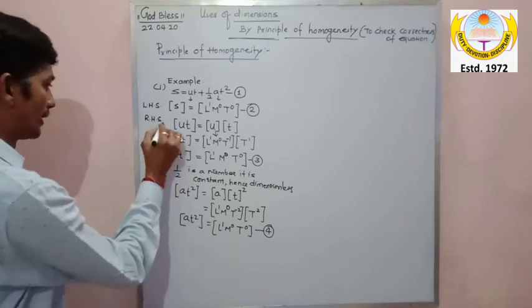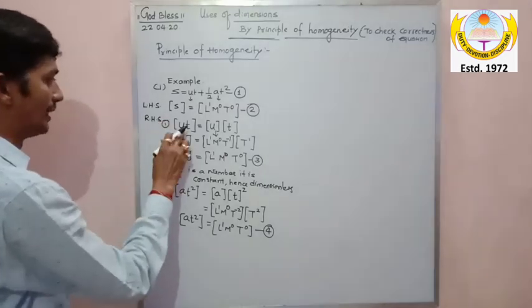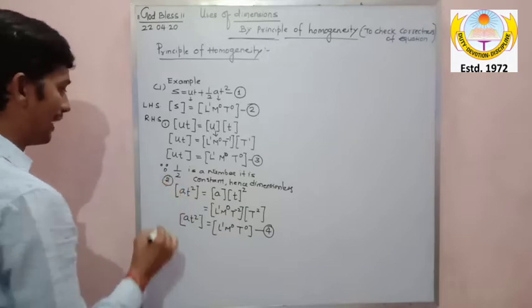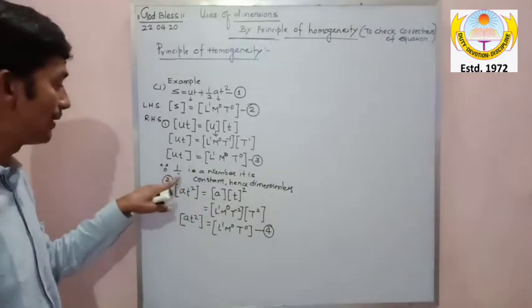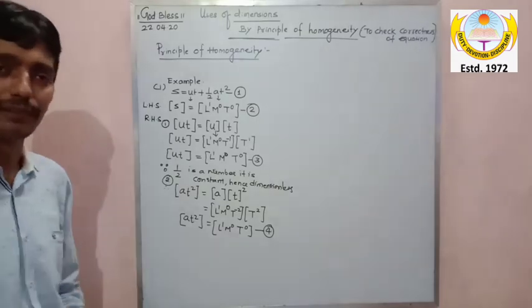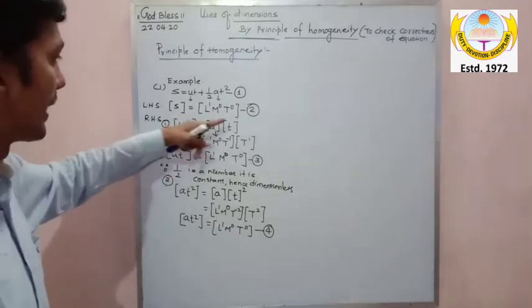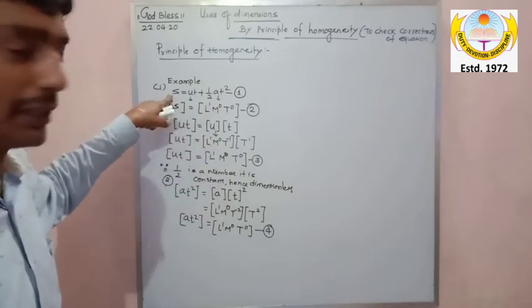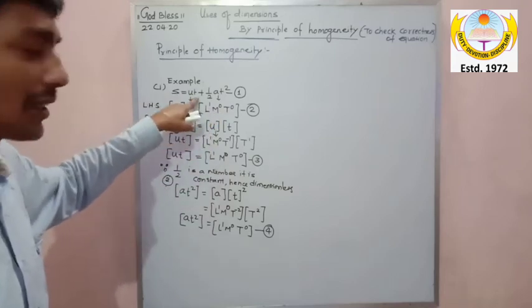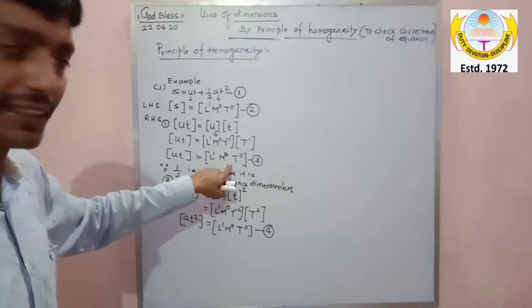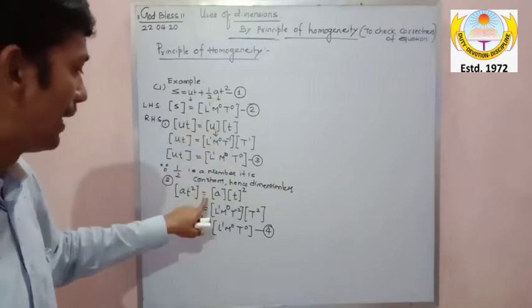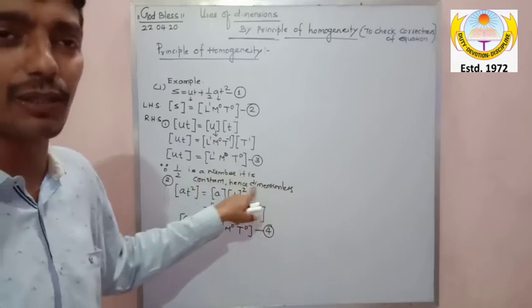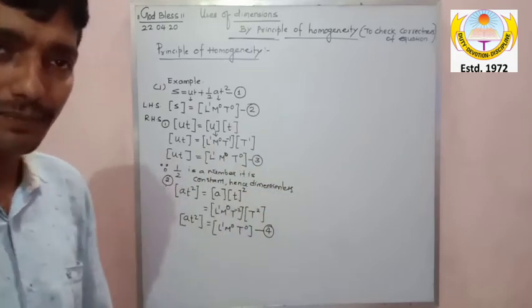So now you can see on the right hand side there are two terms. One is UT and the second term is AT square. Half is eliminated because it is a number. Now I have calculated dimension of S, I have calculated dimension of UT, and I have calculated dimension of AT square, saying that half is a number, it is constant, it is dimensionless.